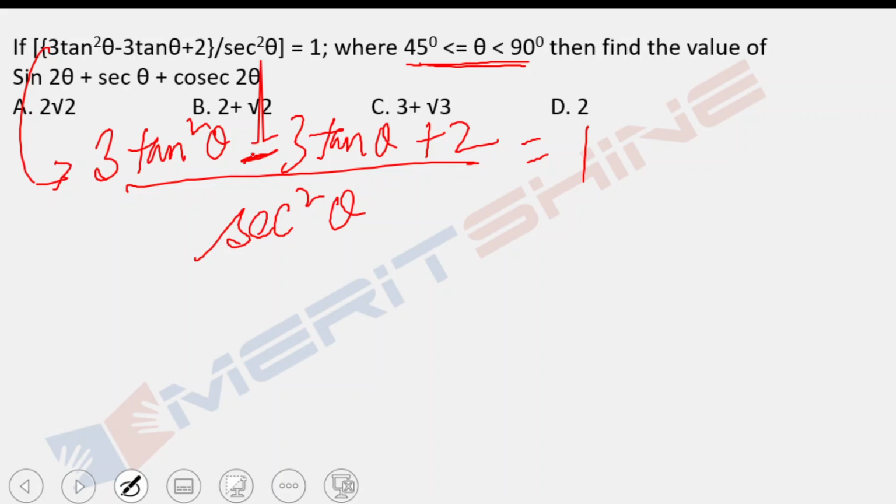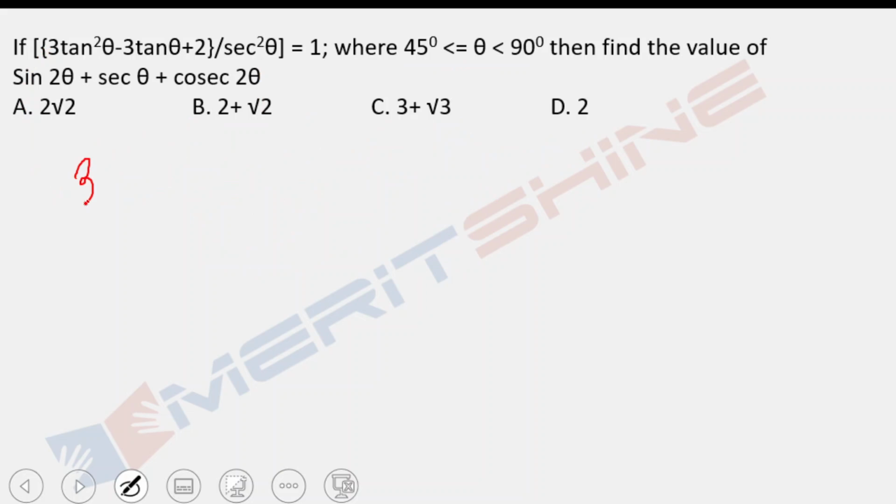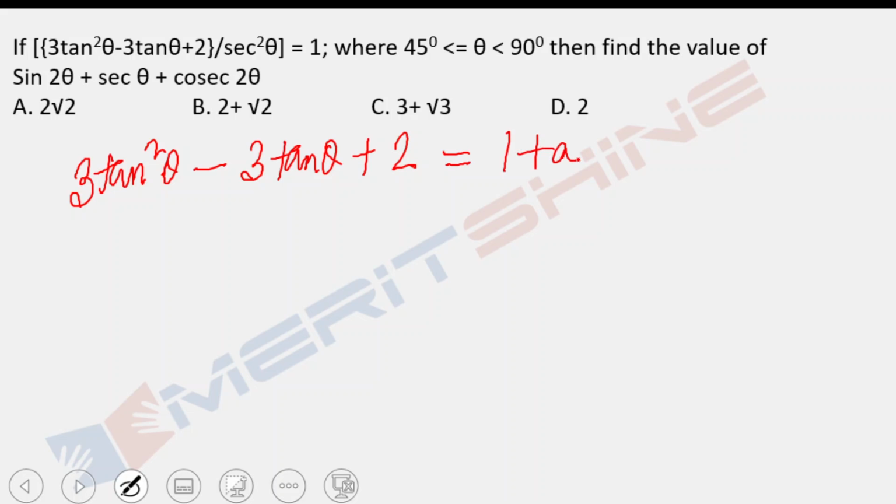Now, from this equation we can very clearly see that this sec square theta can go in here, and we know from the basic identity that sec square theta is nothing but 1 plus tan square theta, because one of our basic identities is sec square theta minus tan square theta is equal to 1. So, this equation can be rewritten as 3 tan square theta minus 3 tan theta plus 2 is equal to 1 plus tan square theta.